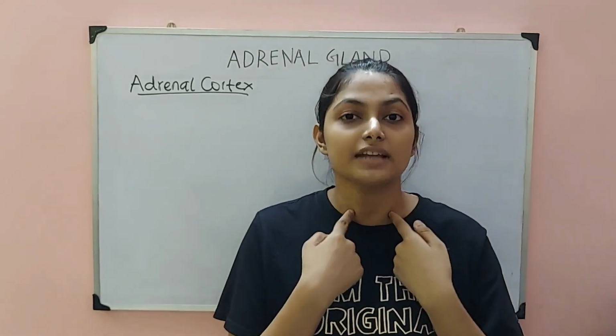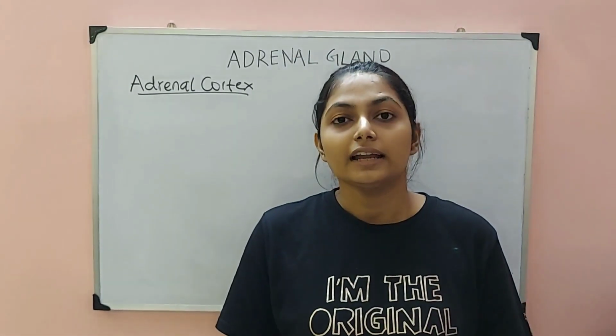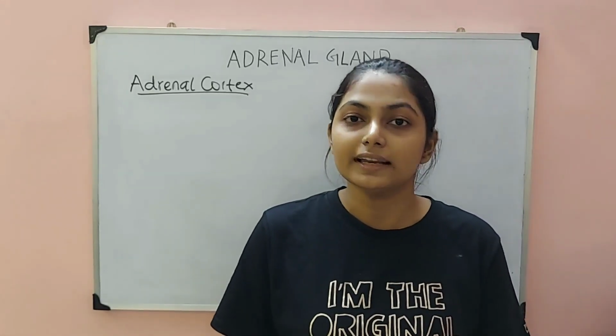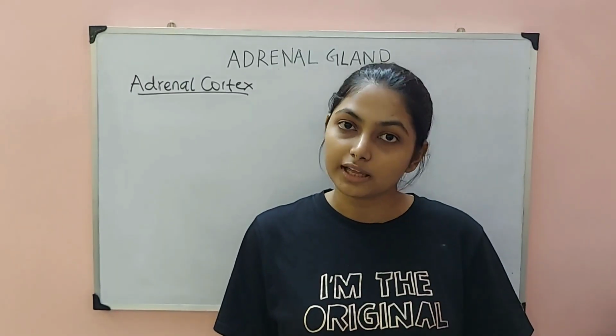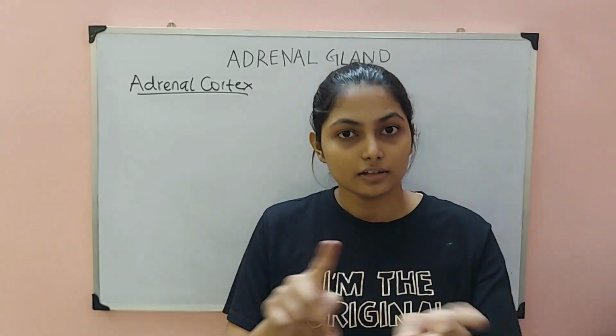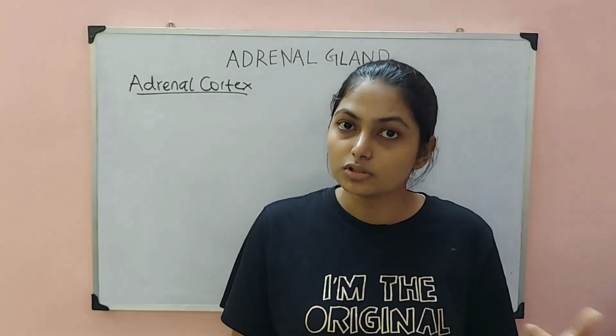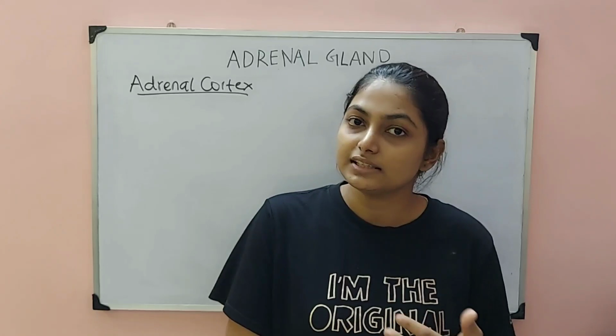Now, if O2 is increasing, that means our respiratory tract is getting dilated. So more of O2 will come in, and so we can also call it bronchodilators, because the respiratory tract is getting dilated. Now if O2 increases, that means respiration is increasing. Respiration means energy, energy means glucose, so glucose in our blood increases.